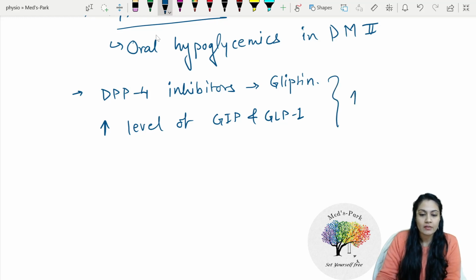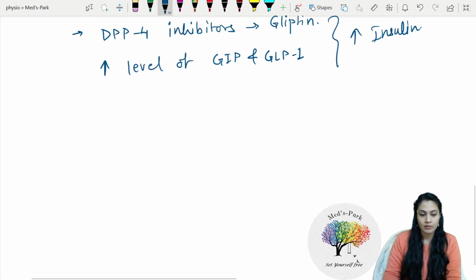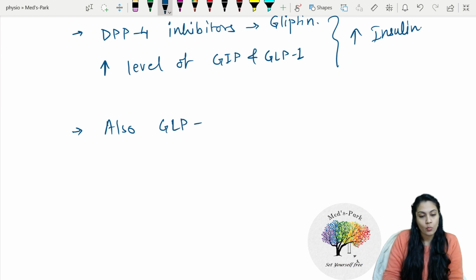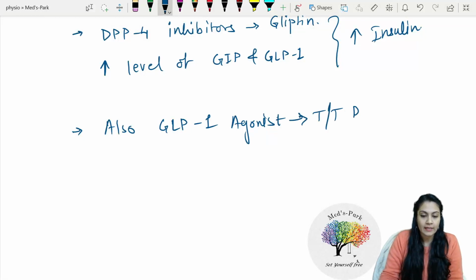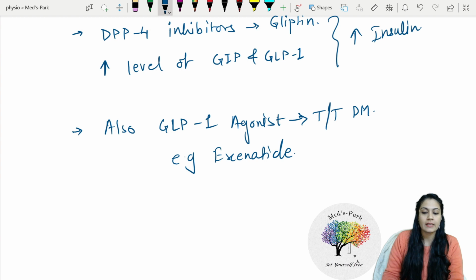The final result will be an increase in insulin release. Also we can give a GLP-1 agonist, which can be used for the treatment of diabetes mellitus again. An example is exenatide.